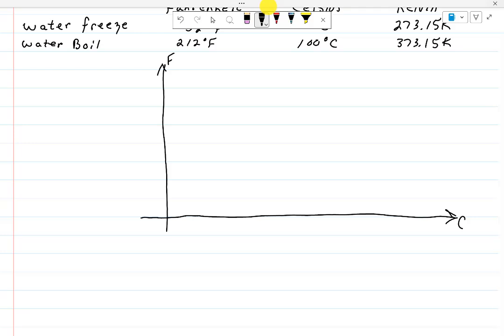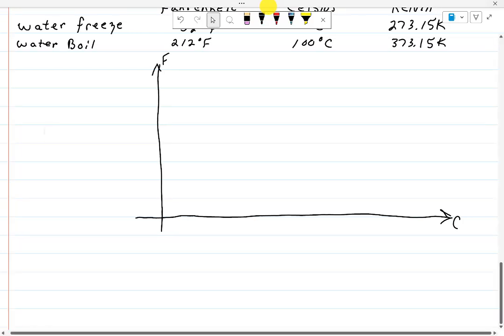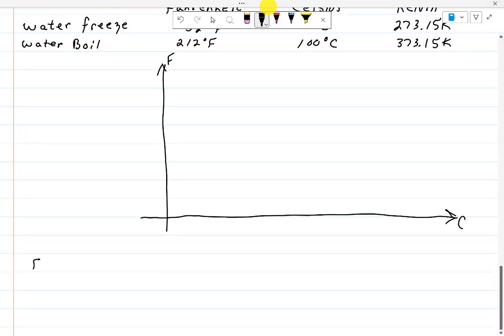And I'm going to try to develop a scale between them. So if you'll notice, when we had freezing water, if we looked at an ordered pair, Celsius first and then Fahrenheit second, when we looked at freezing, the Celsius was 0, but the Fahrenheit was 32.